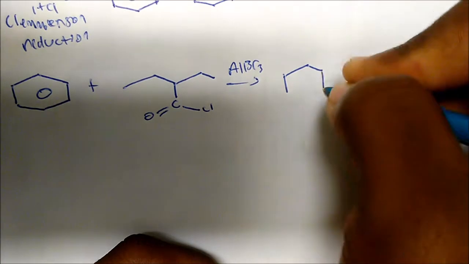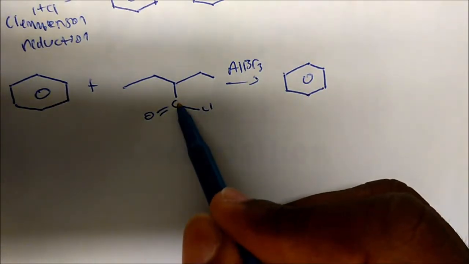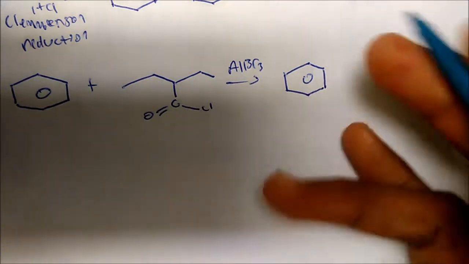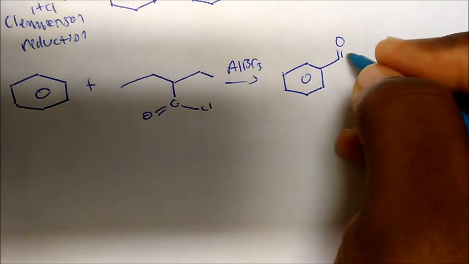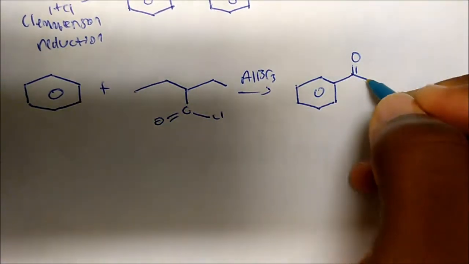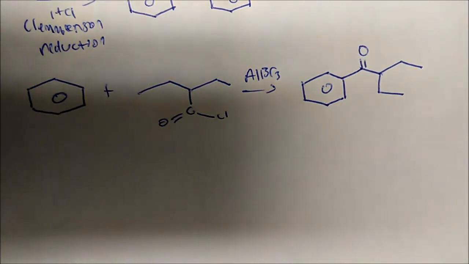Well, I still have my benzene ring. Now I'm getting bonded to my carbonyl carbon, so I'm going to lose my chlorine. So I'm bonded to my carbonyl carbon, and then straight down, I have two alpha groups on either side. That would be the compound that I would form.